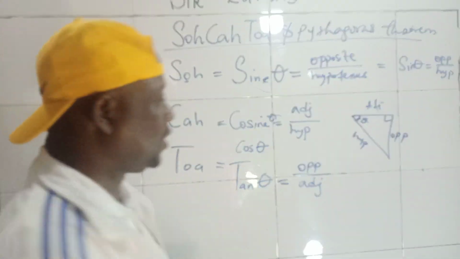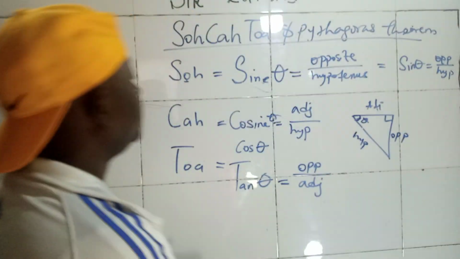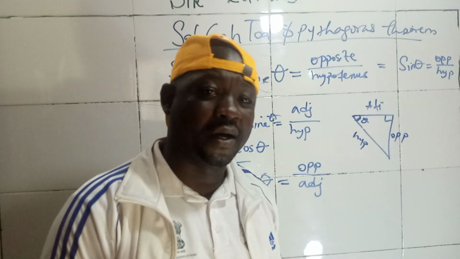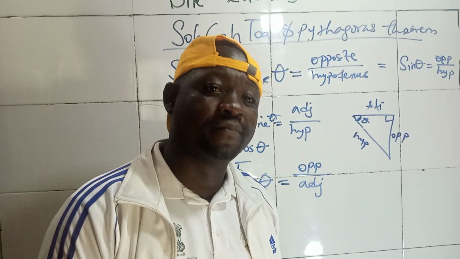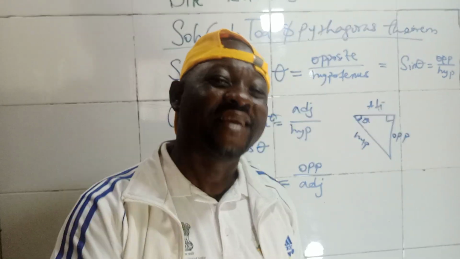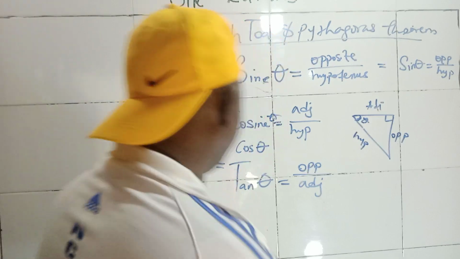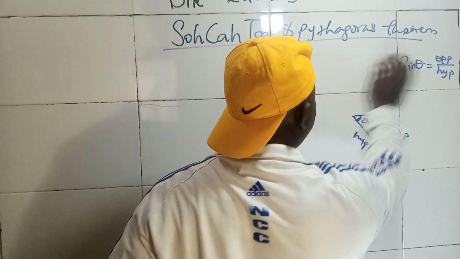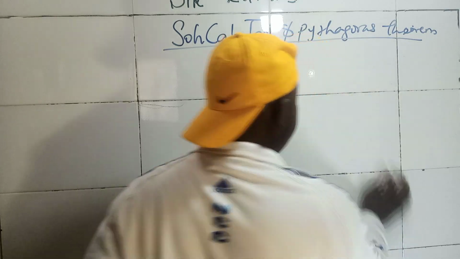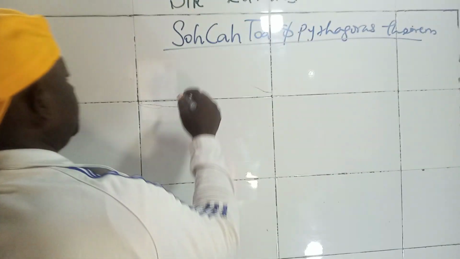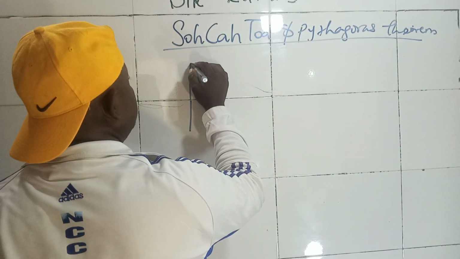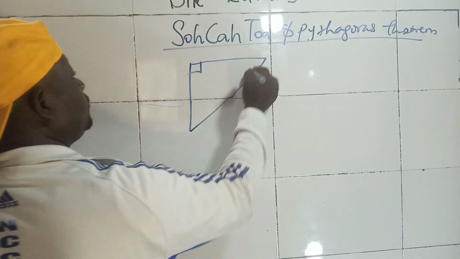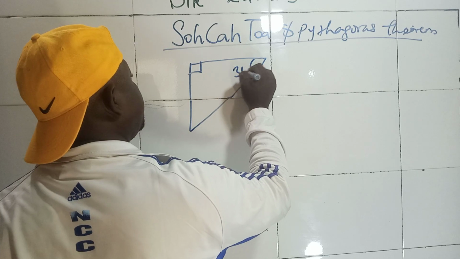Now let's go to the application of this formula and take notes. Before you apply SohCahToa or Pythagoras theorem, your triangle must be what? A right-angled triangle. So let me give us something to work on now. Let's say this is a triangle. Let's say I have this. I can just draw like this. Maybe I now put 30 degrees here.